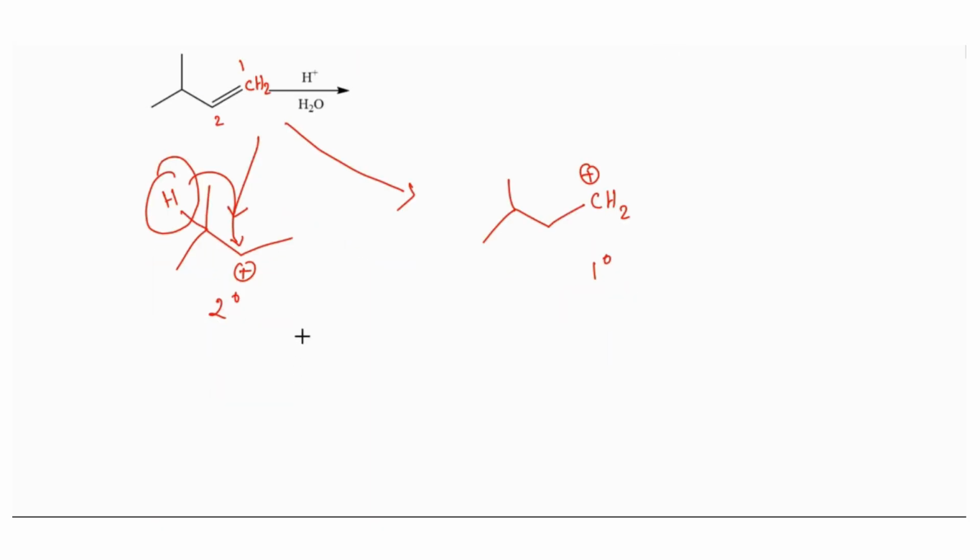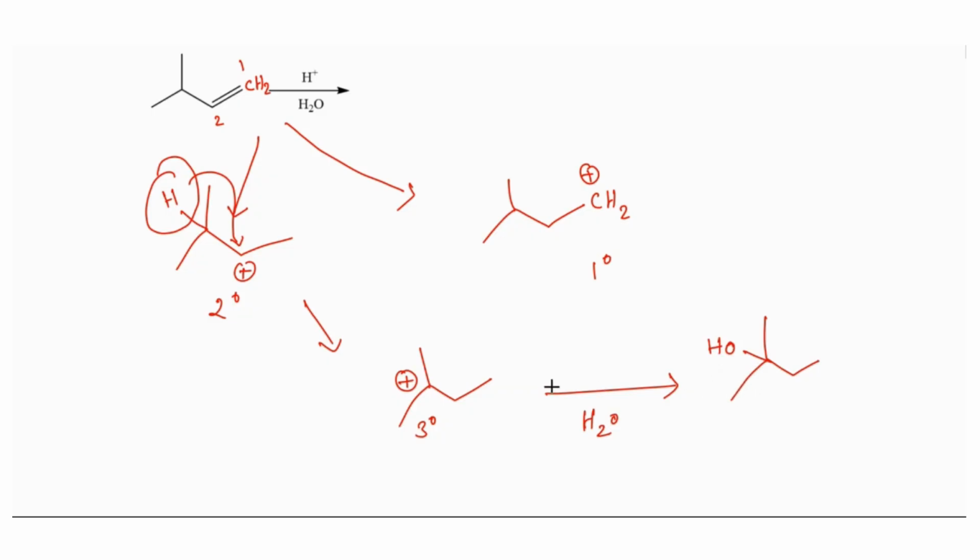So we will get this one. This is a tertiary carbocation. Now water will come and attack here. Finally we will get like this. So this product we will get. This is the rearranged product we can get.